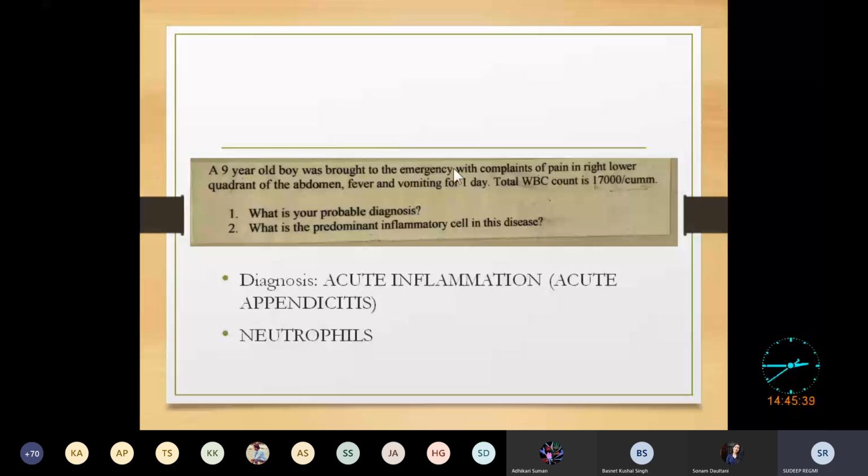Then a gross specimen of an appendix is shown. The first question is, what is your probable diagnosis? You have to write the probable diagnosis is acute inflammation, and in brackets acute appendicitis, or you can directly write acute appendicitis. And what is the predominant inflammatory cell in this disease?